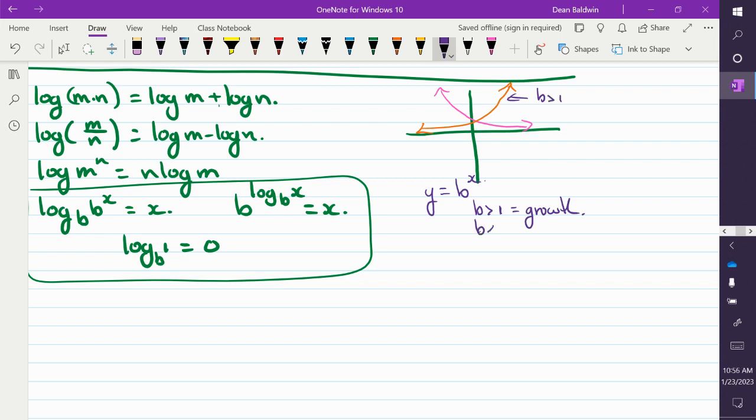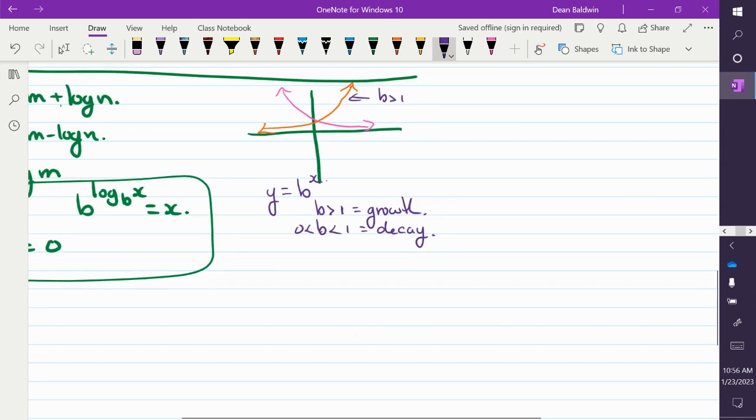If the base is less than 1 but bigger than 0, because your base can't be negative for an exponential function, it is a decay curve. Do we remember those? Do you remember that the logarithmic curves are inverses of the exponential curve?